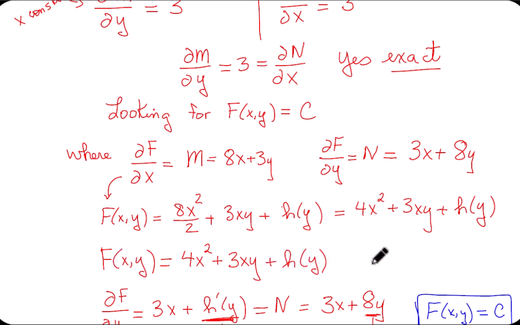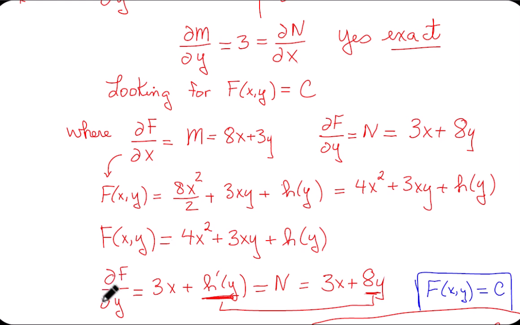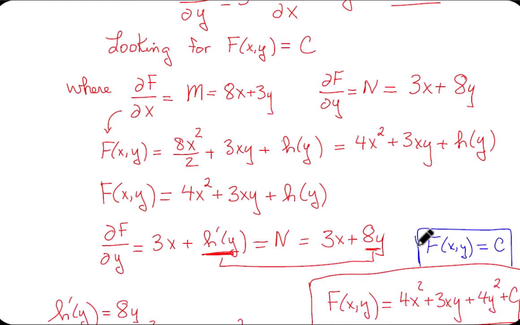So that gives me my first look at what capital F would look like. But I know the derivative of F with respect to y is supposed to be N. And so if I differentiate this with respect to y, the x's are constant, so it goes. I get a 3x, and I get the derivative with respect to y, which is simply h prime. And this being N says that h prime is 8y.